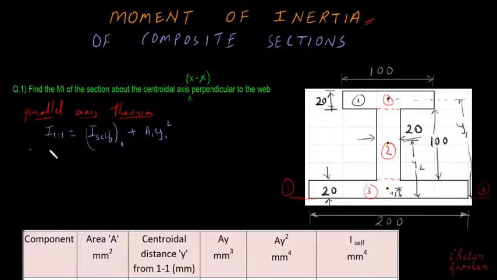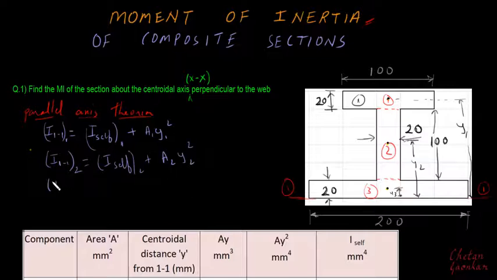This is for the first rectangle. Similarly, the moment of inertia about axis 1-1 for the second rectangle will again be I self, the moment of inertia about the centroidal axis of the second rectangle, plus the area of the second rectangle multiplied by the distance square.